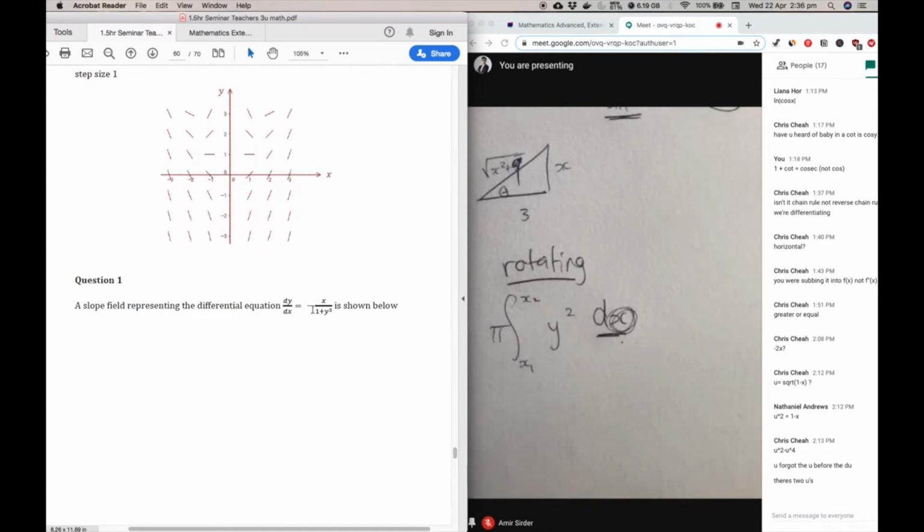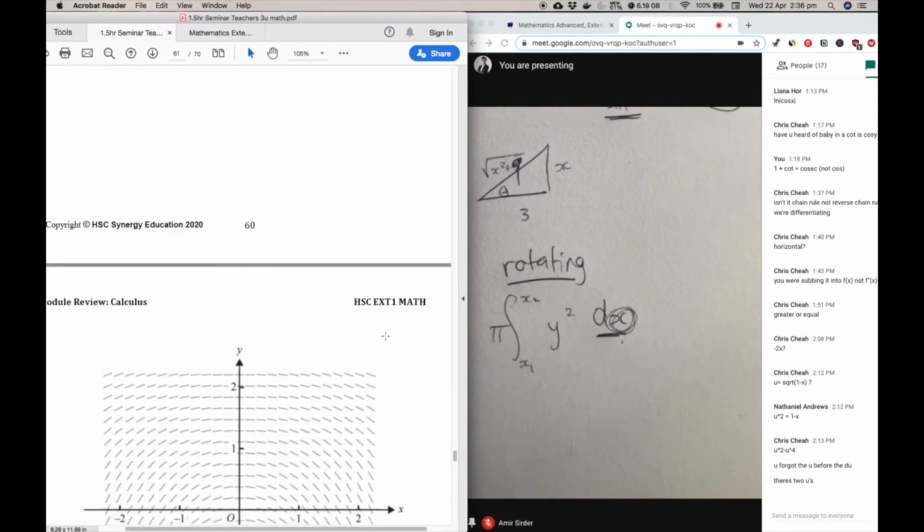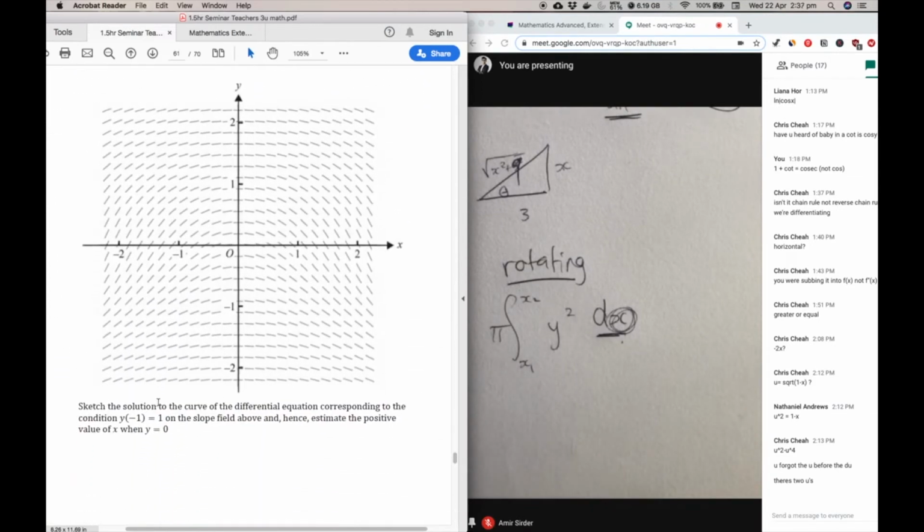So we have y dash is equal to x over 1 plus y squared, shown here. Sketch the solution curve of the differential equation corresponding to the condition y(-1) is equal to 1. So y(-1) means an x value of -1 gives y equal to 1, so that's going to go through this point here. So just join the lines.